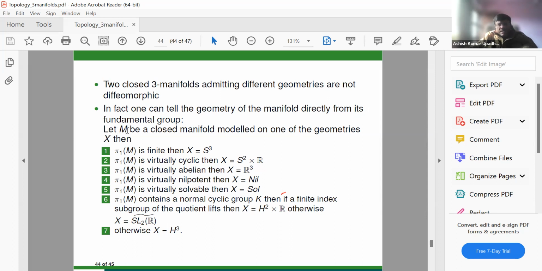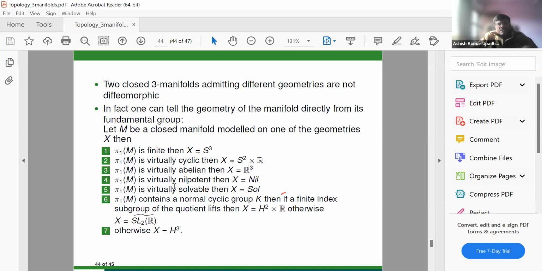So for that purpose, let M be a closed manifold modeled on one of the geometries X. Then if the fundamental group is finite, then the simply connected space will be a sphere. If the fundamental group is virtually cyclic, then it is this. If it is virtually abelian, then it is this, and so on.